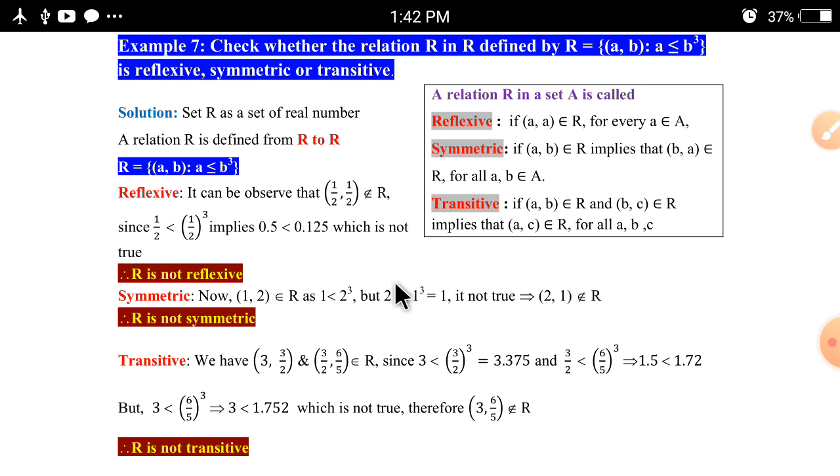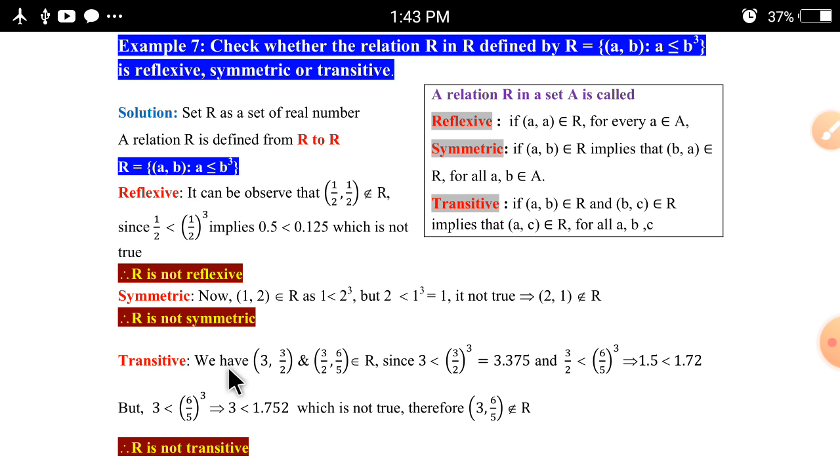Is it true? No, it is not true, and therefore (2, 1) does not belong to R, and hence R is not symmetric. The defined relation does not satisfy the condition of symmetric relation for all real numbers.